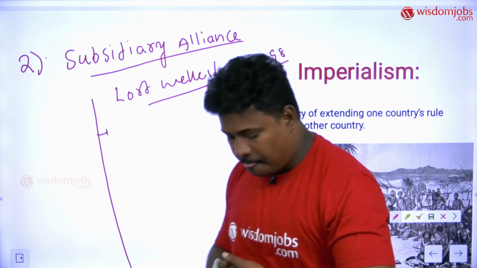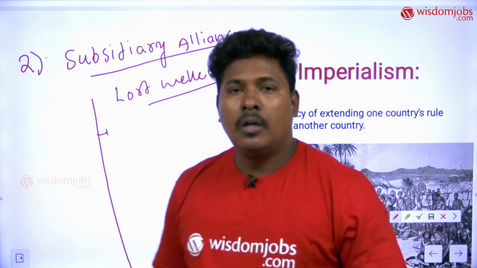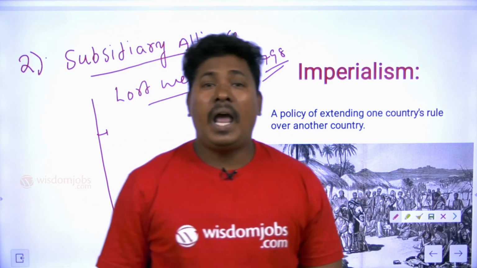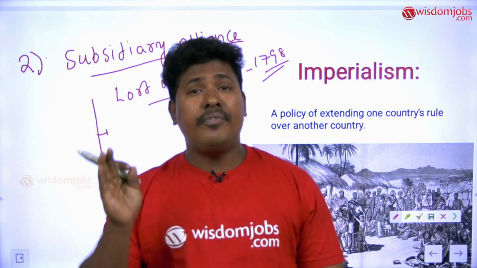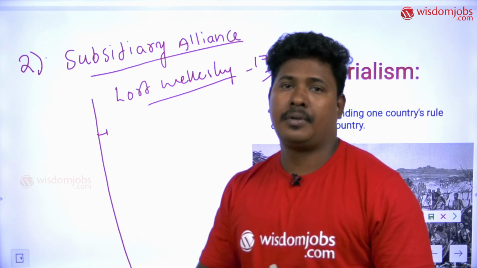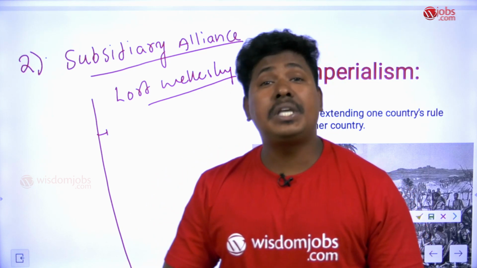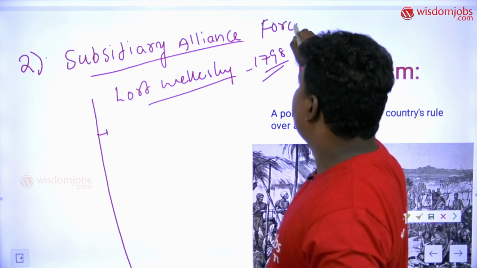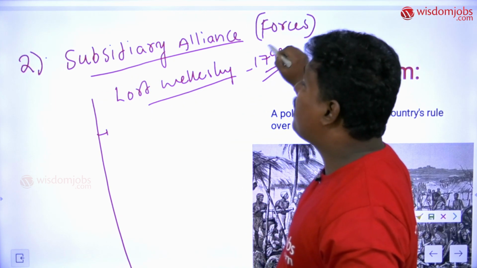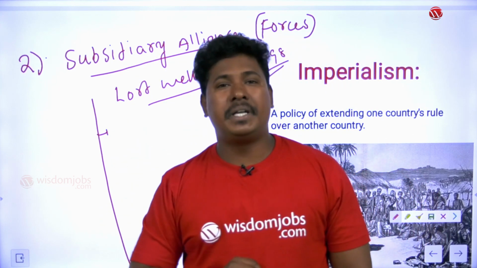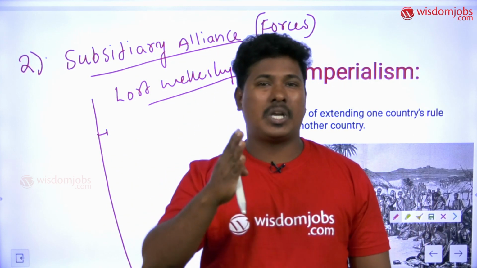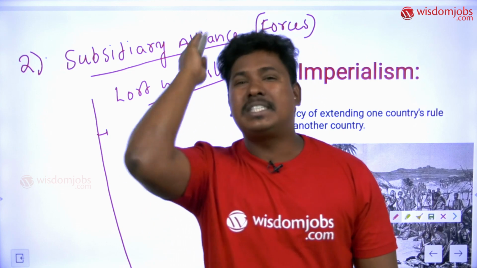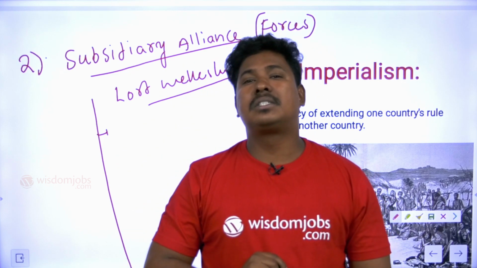According to this policy, a native Indian state shall receive subsidiary forces. What is it? Subsidiary forces are the subsidiary army given by the Britishers. What situation and what circumstances prompted this policy?